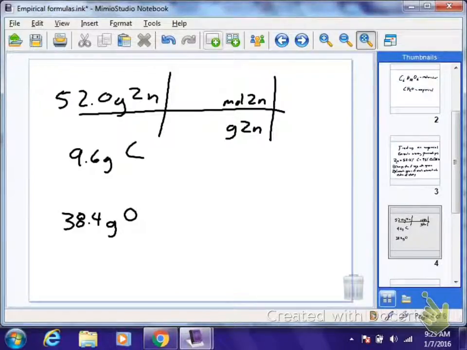So I look on the periodic table and find zinc. Zinc is 65.41. Now up here I'm going to put moles, and then I'm going to get my calculated value. I'm going to do that with the next two and their weights, so I have mole counts, moles of atoms that I can compare. So do that for carbon and oxygen, and then finish your calculation.